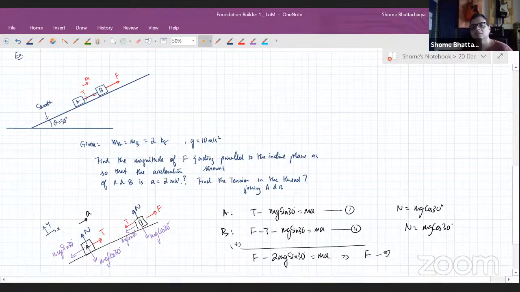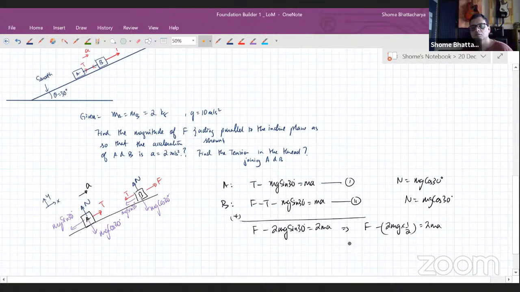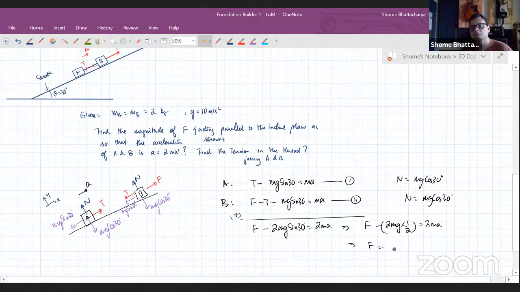So F minus 2 mg into half is equal to ma. So 2 ma, my mistake. So you're adding the two equations. So 2 ma here. So F becomes mg plus 2 ma.